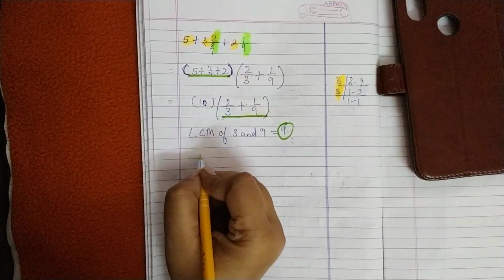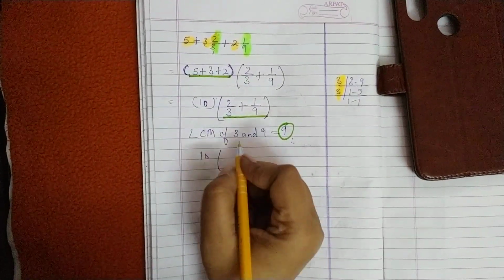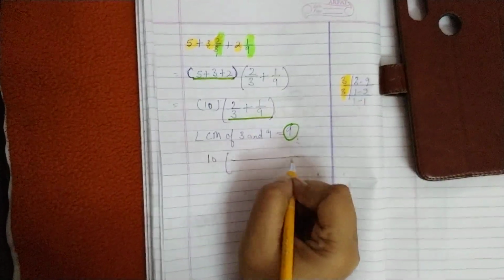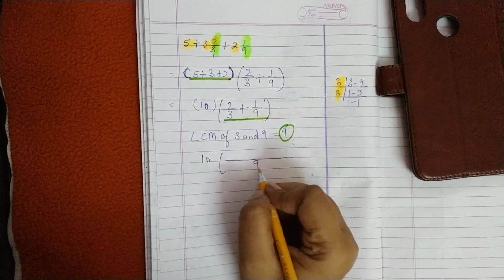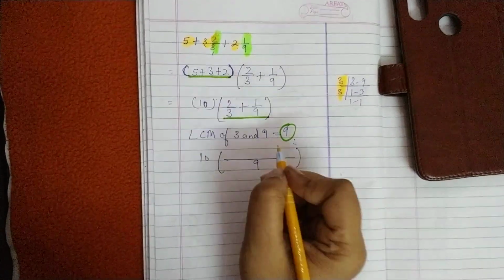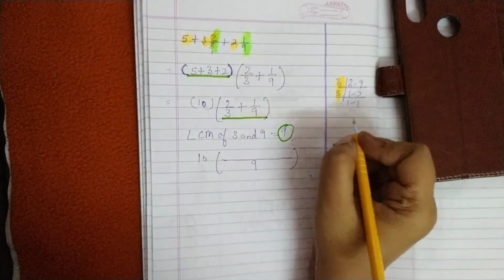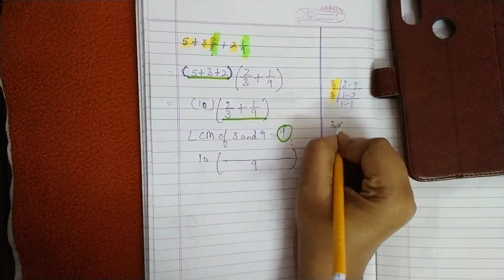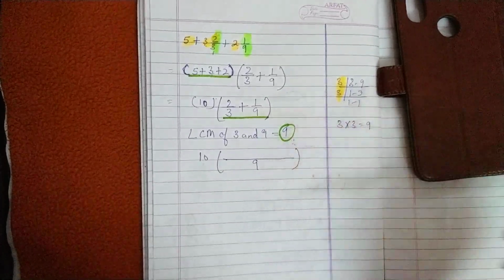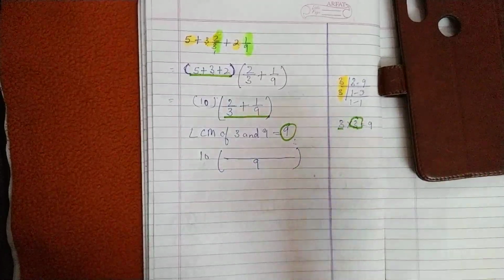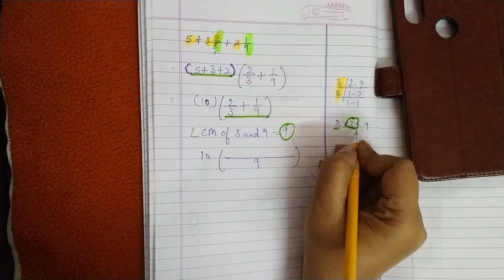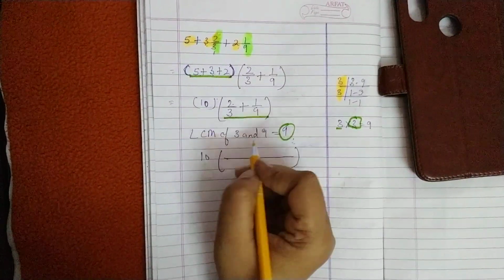So copy this 10 as it is, and in the bracket, draw a division line and take this 9, the LCM, as the common denominator. Now recite 3's table until you get 9. So 3 times 3 is equal to 9. Okay, children. So this 3 is already here. Pick this 3 and multiply with numerator 2.